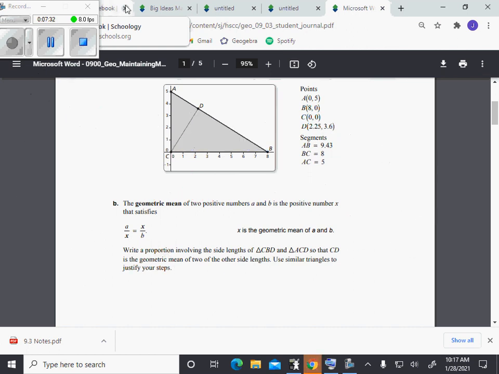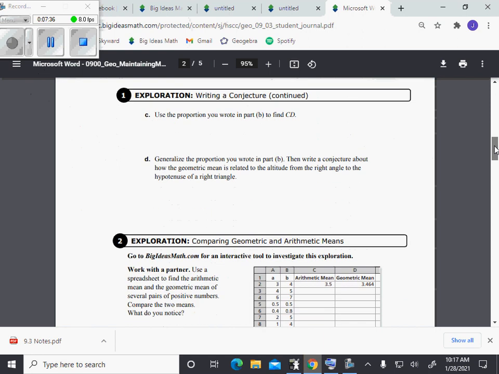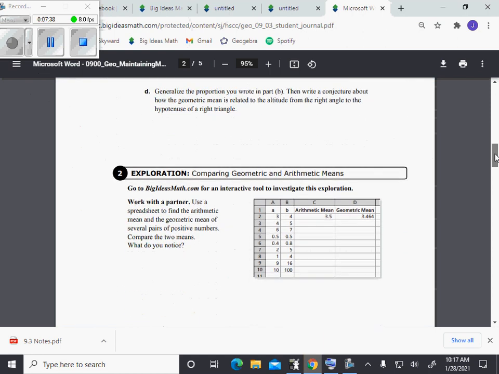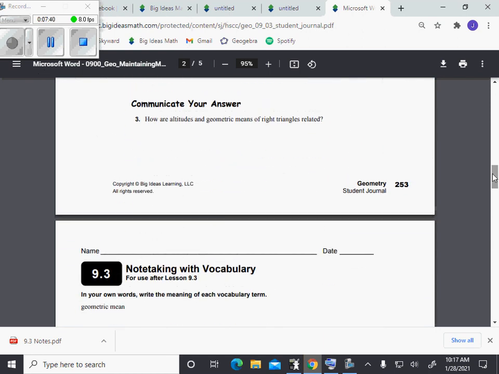Moving on. I'm not going to do part D right here. How are the altitudes and geometric means of right triangles related?